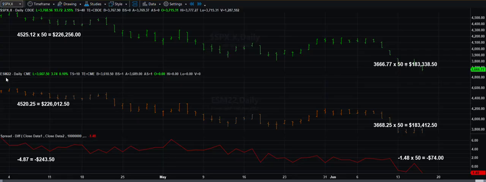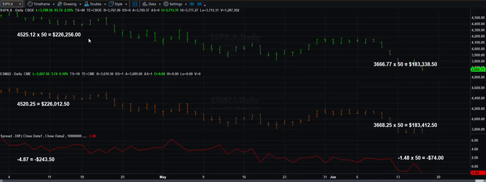A simple way of protecting yourself is to put against the dropping value one of these contracts. If you had stocks valuing approximately $250,000, you could short one contract.